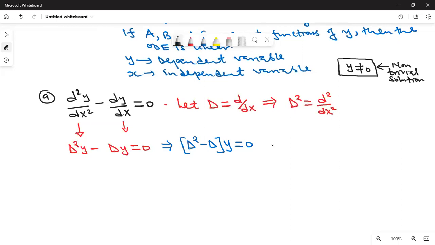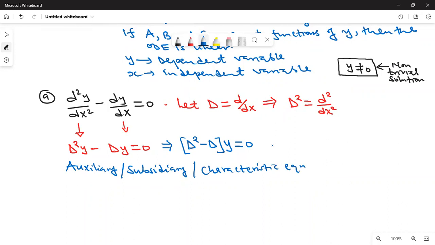Now, that solution depends on the roots of what we call the characteristic equation. To get the characteristic equation for this equation, you can write auxiliary equation, stroke subsidiary, stroke characteristic. They mean the same thing.